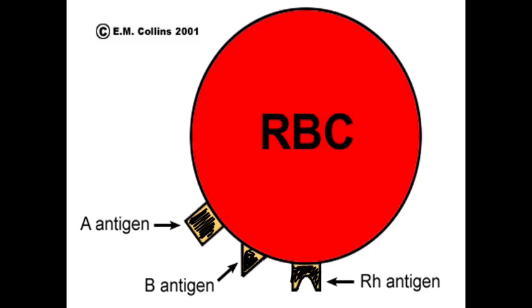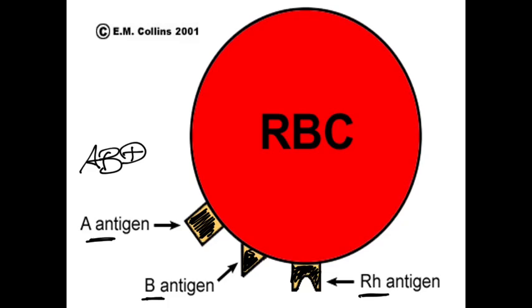So if you have inherited all three of these antigens from your parents, then you are said to be AB positive in your blood type. A, because you have the A antigen, B, because you've inherited the B antigen, and the Rh antigen gives us the plus sign.